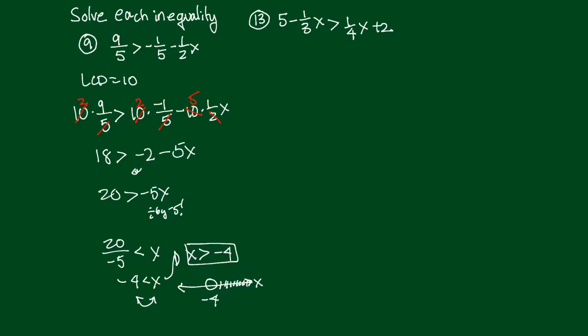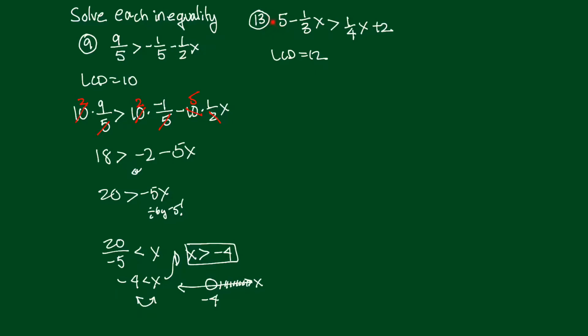I want all numbers greater than negative 4. Number 13 is similar to number 9, but it just looks a little bit bigger, a little bit more complex, but it's going to work the same way. We've got fractions. I've got these two fractions, 1/3 and 1/4. The LCD is 12, so I'm going to write that 12 alongside all 4 original terms.